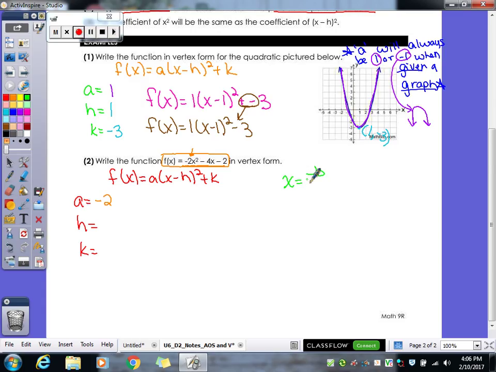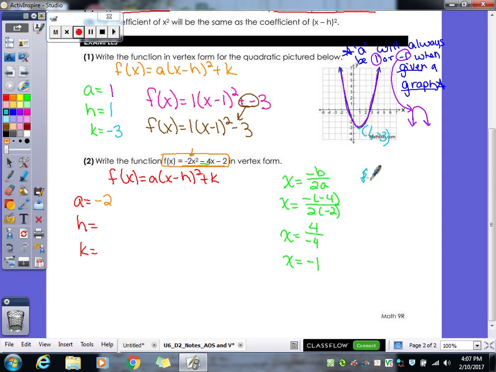What we can also practice doing is finding our vertex algebraically. So our b value here is a negative 4, so we're going to have negative 4 over 2 times negative 2. So that gives me 4 over negative 4. So x equals negative 1. So I've got my first part of my vertex.